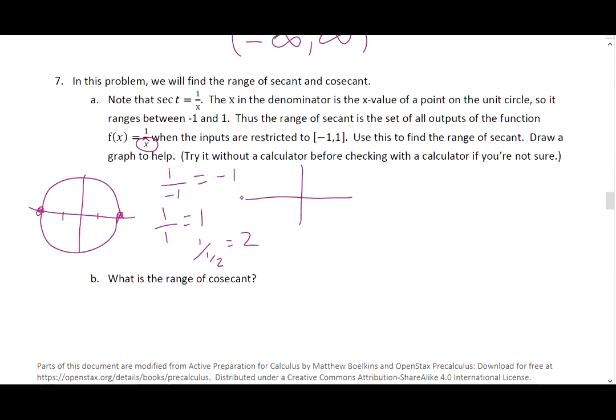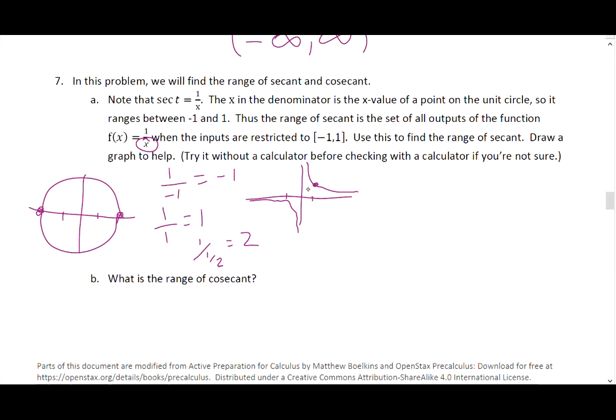So it says to draw a graph to help. The graph of 1 over x looks something like this. That's super squiggly. And we're going just from x is -1 to x is +1.